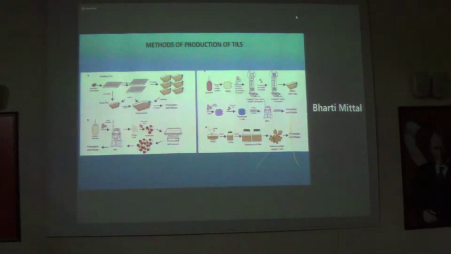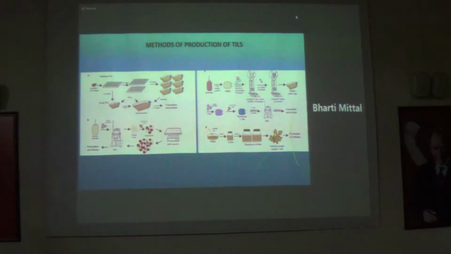First we take the tumors and expand them in specific media so that they slowly express specific surface markers like OKT, which are the initiating or nascent markers for these TILs. Then we go for formulation and infusion. The entire process takes more time, around 3 to 5 weeks, and we don't have that much time to provide a treatment to a patient.